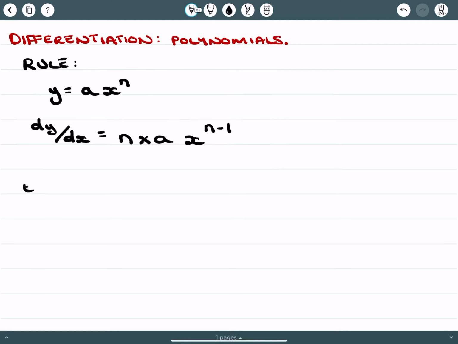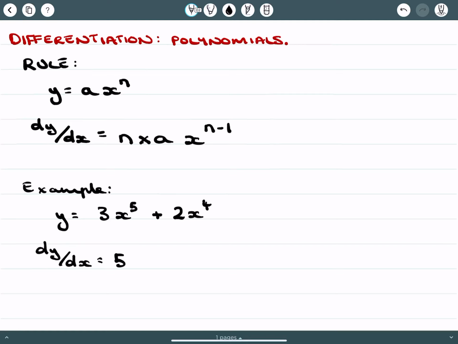So for a quick example, if I had y equals 3x to the 5 plus 2x to the 4, dy/dx here will equal 5 by 3 by x, and then we reduce the power of 5 by 1, that gives us 4, plus 4 by 2 x, and we reduce the power of 4 by 1, which gives us 3.